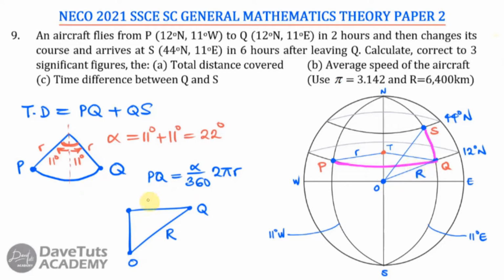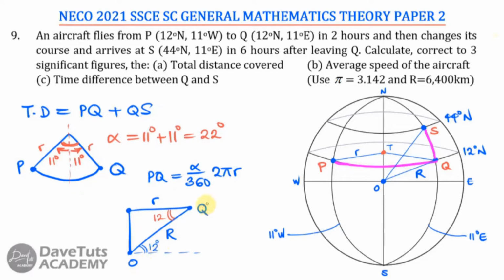So from T to Q is r, just like T to P is r, and already we have measured out the angle from that origin to the parallel of latitude. We got this to be 12 degrees to the north, okay? And then by reason of understanding of trigonometry, we know that this 12 is also the same as this angle here, because it's alternate to this parallel of latitude that we're given originally.